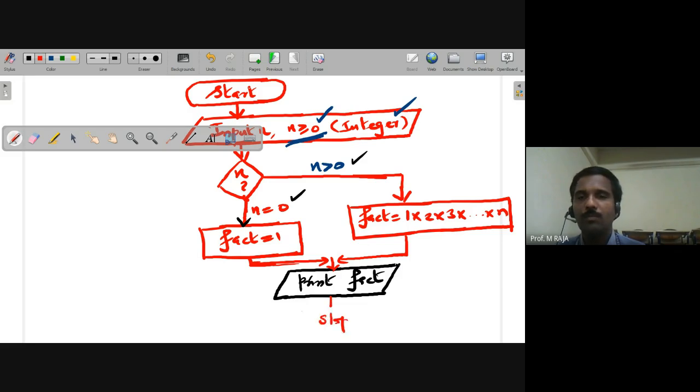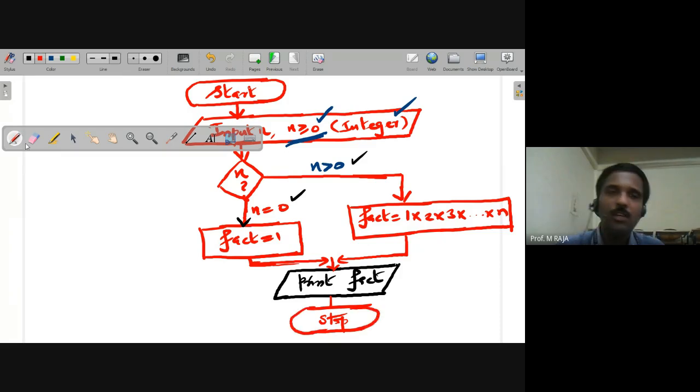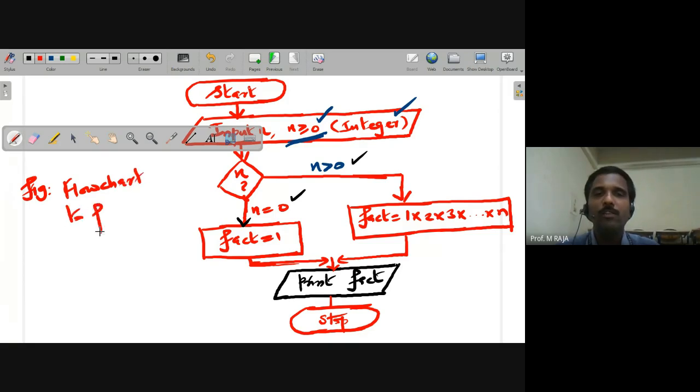Stop. This is the flow chart to find the value of n factorial.